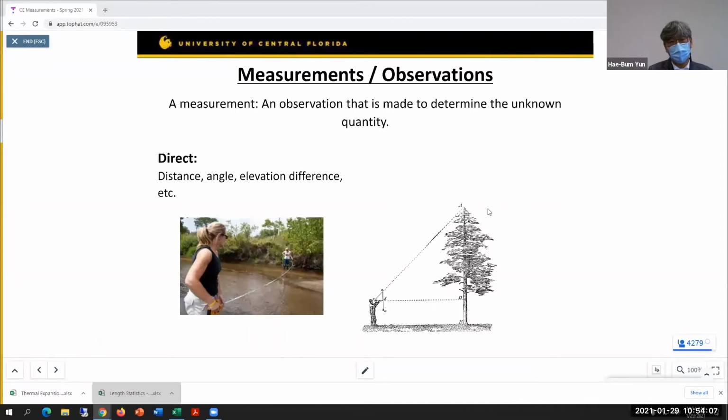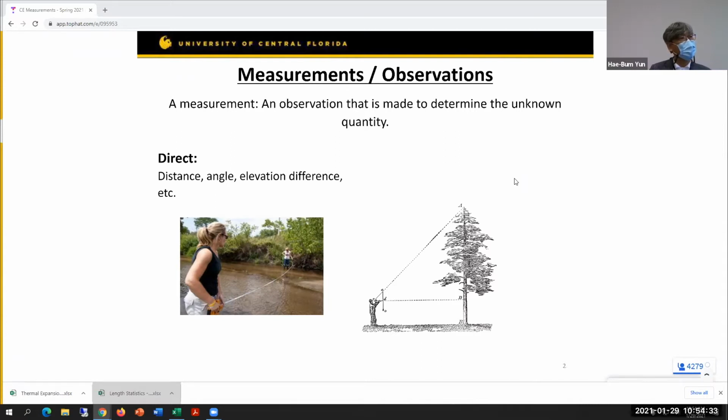This slide looks weird. The thing is, we have two types of measurement. The first type is direct measurement, and the second type is indirect measurement. By the way, I already posted this slide on the module, so you can download it.